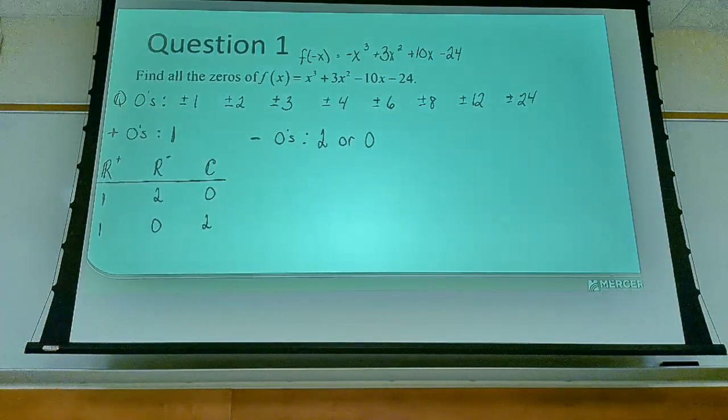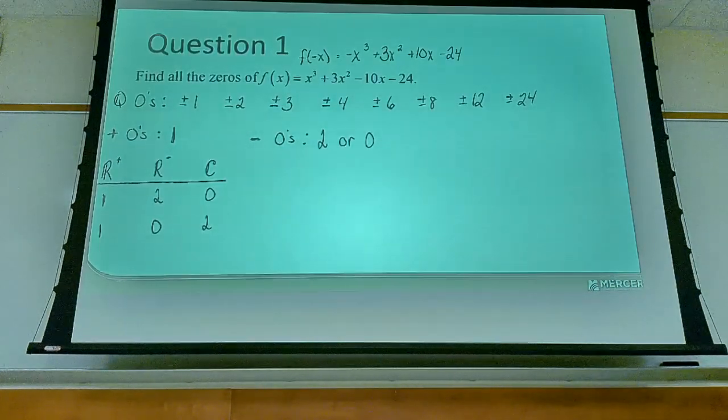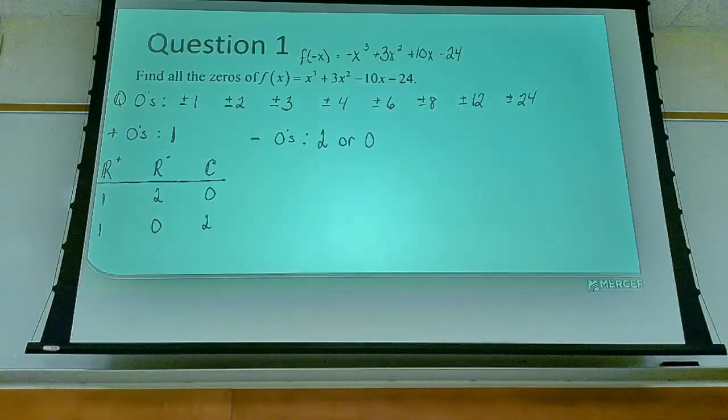Now I'm going to make things a little easier. I know that I have to have a positive 0. I'm just going to check the positive rationals. I'm going to ignore the negatives, because we may not have a negative. I'm going to list out the coefficients.